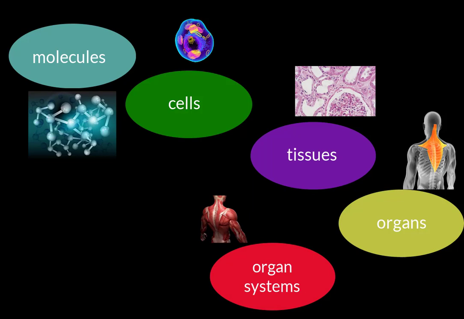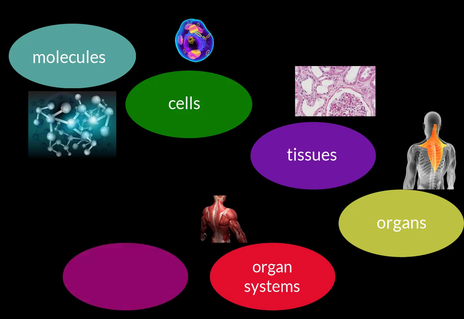And then when we put all the organ systems together, we get the organism, which in this case would be a human. But what we're interested in studying today are the cells that make up the tissues. So I'm going to go through the terms on your study guide and tell you a little bit about each thing, and then you will use this video to be able to study for your histology practical.